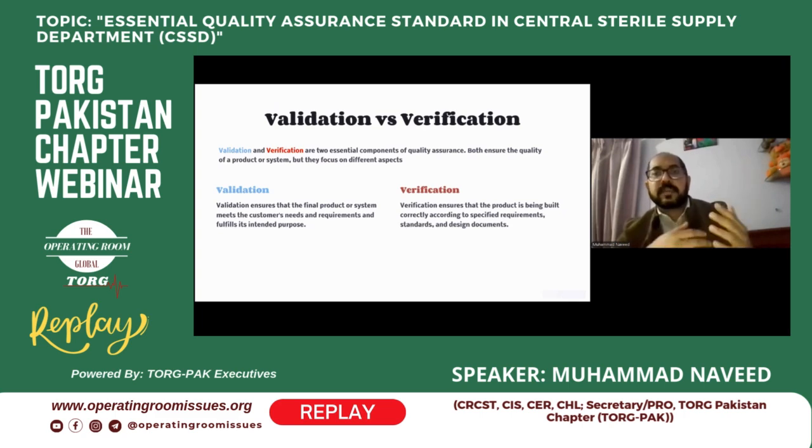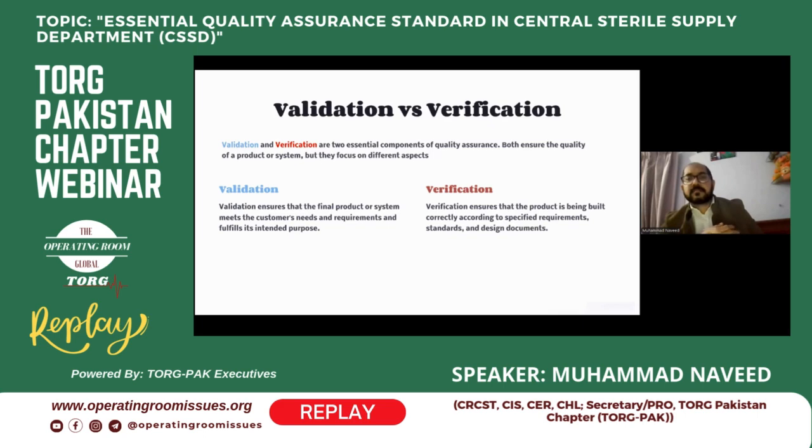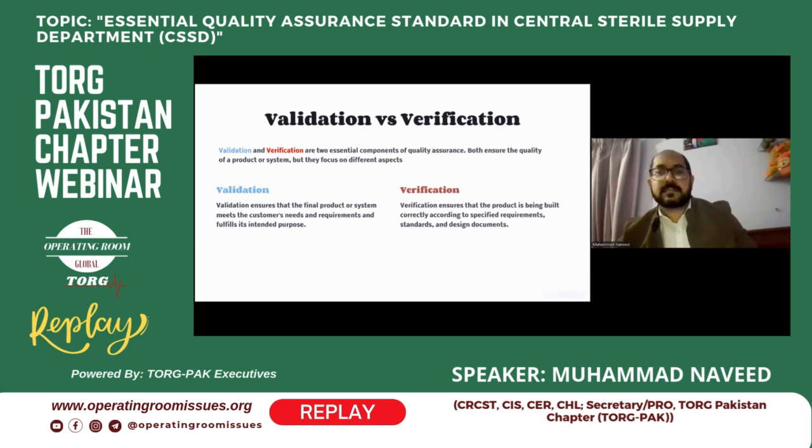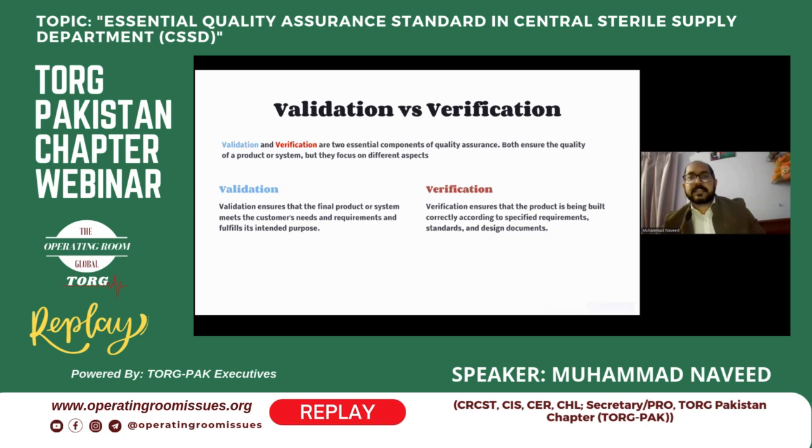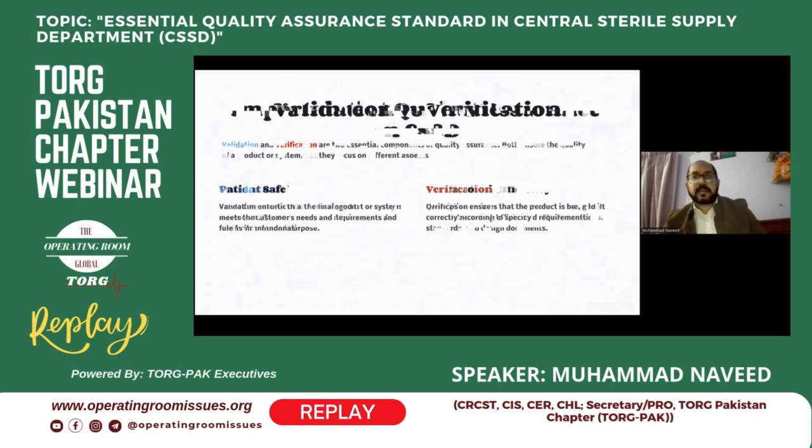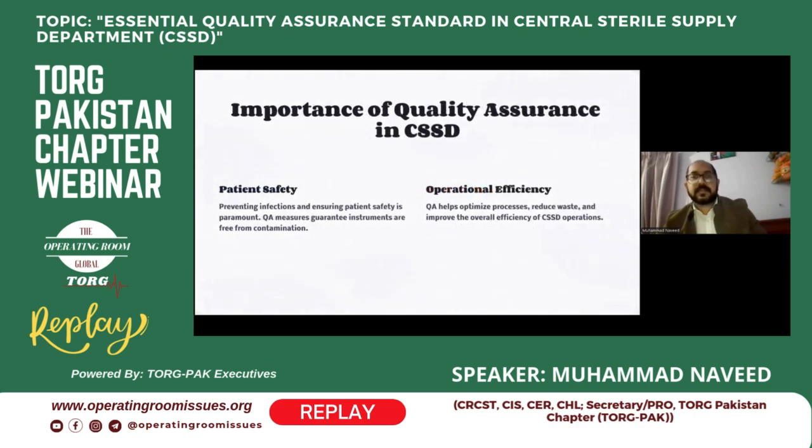So how can we validate that the machine is working with the same consistency on a daily basis? That is the indicators. We will discuss which standards we can meet in quality assurance, and how we can make sure on a daily basis that our quality assurance is making the process function smoothly.